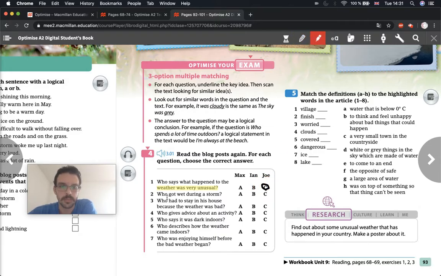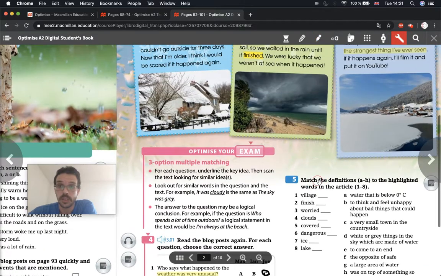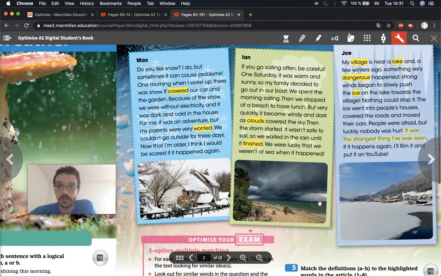So question number 2 says, who got wet during a storm? Wet means covered in water, mojado, right? Who got wet during a storm? So I'm going to highlight that's the main idea. So, let's have a look.